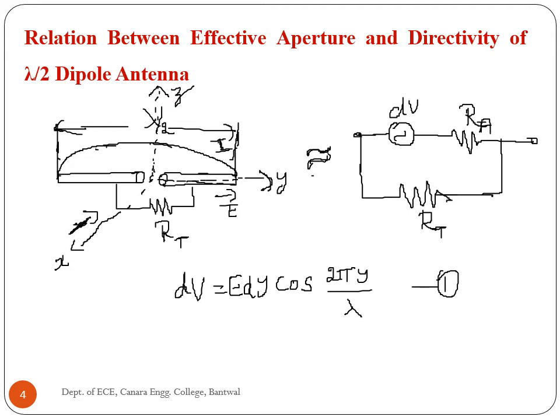Therefore, the total induced voltage V is given by the integral of E cos 2 pi y divided by lambda dy from 0 to lambda by 2.